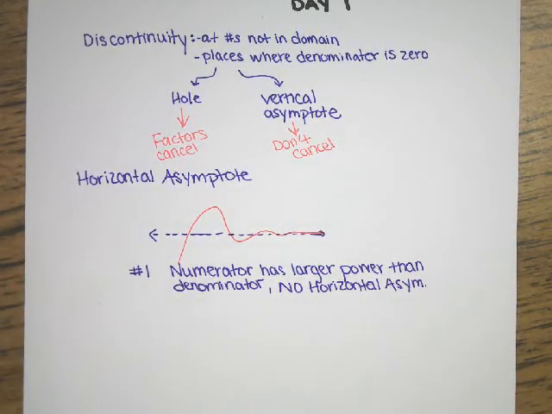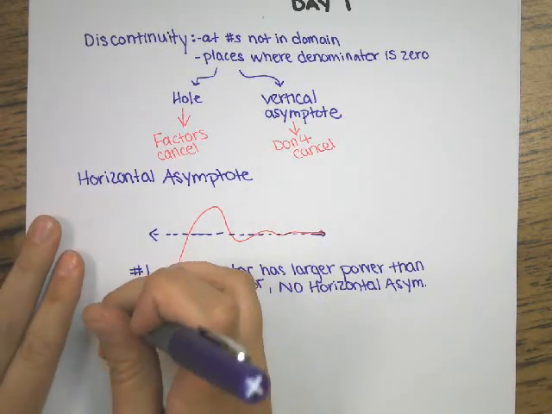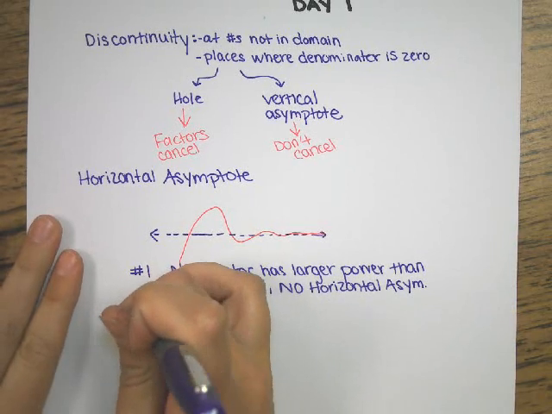So if the numerator's got a bigger power than the denominator, as it gets bigger, the whole thing is going to get bigger. And we'll look at an example of that in a second.